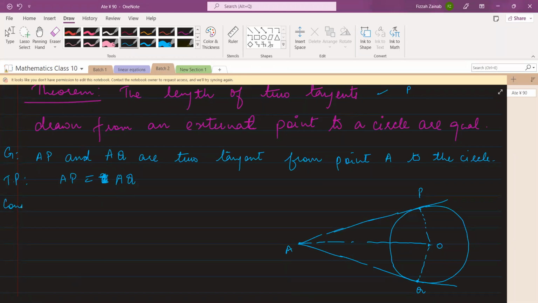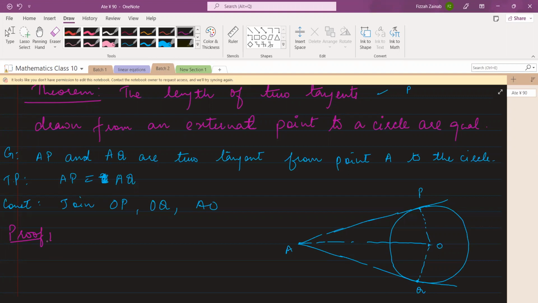The construction is to join OP, OQ and AO, the dotted lines. Now proof. Let us try to prove that the two triangles AOP and AOQ are congruent, right? I need three things. First, I can see that OA is common, right?